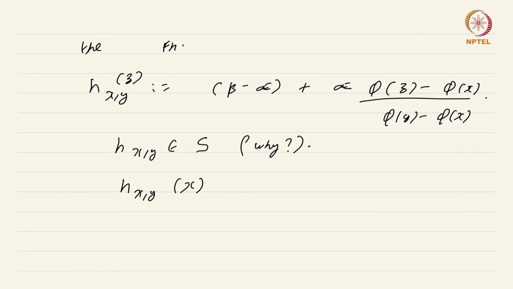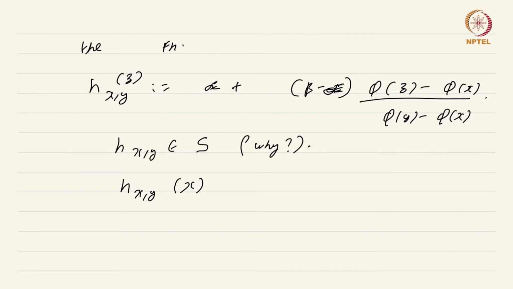what happens is, let me just change this slightly. This is not what I want. I want alpha plus beta minus alpha times this. Okay, this is what I want.